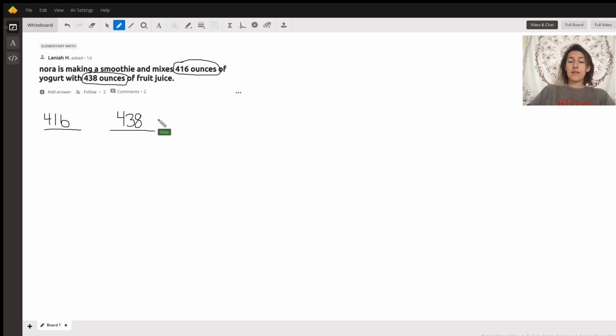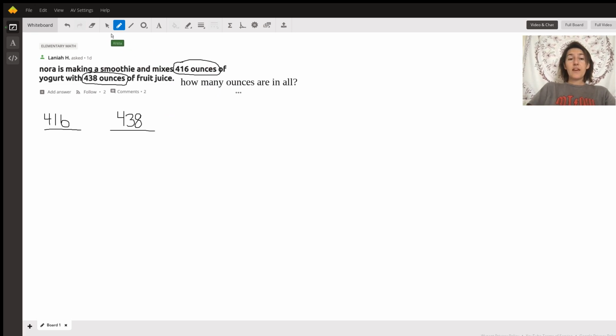The next step is to think of a math operation that can help us solve this question. If we want to say, how many ounces are in all? OZ means ounces, but I'm going to type it out because you might not know. How many ounces are in all?